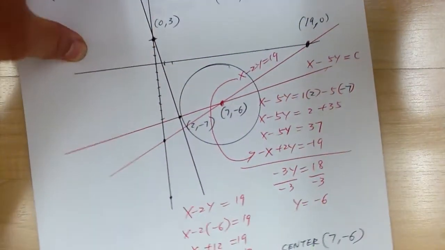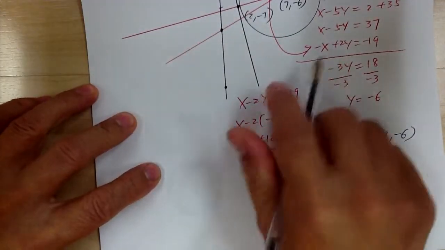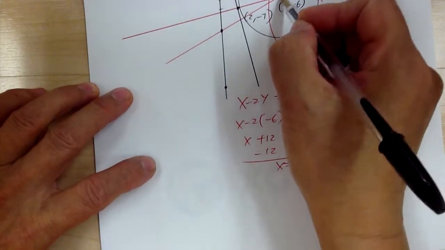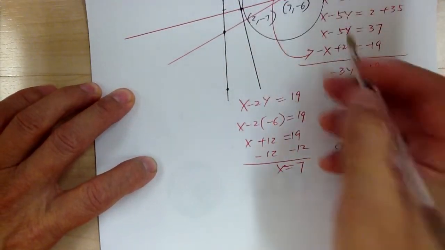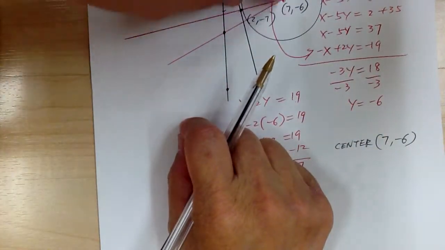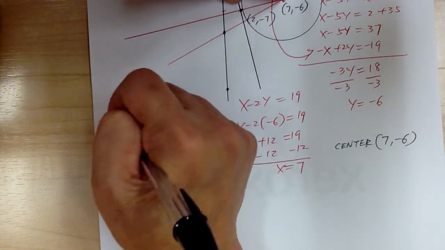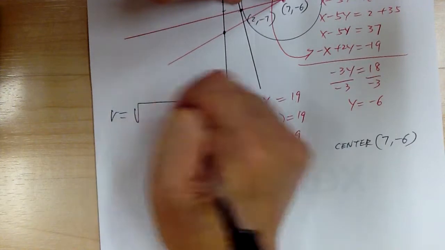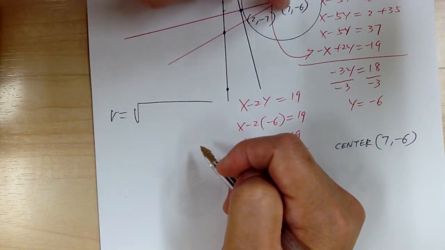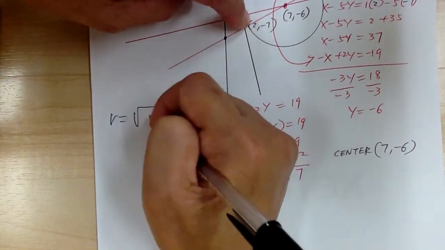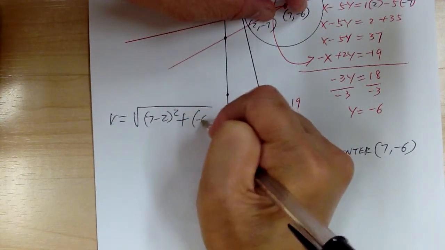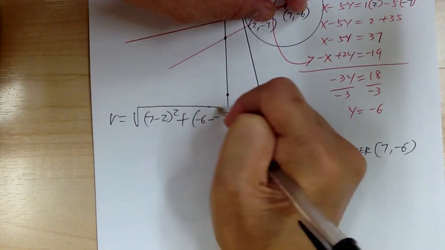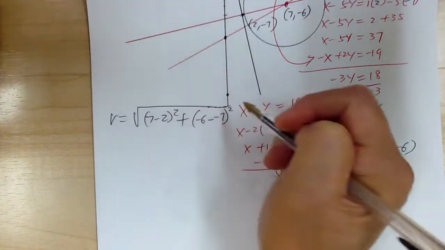Okay. So to find the radius, again, you can use the point and this line, or you can use the point and this point. So I'm going to use this point. So the radius in this case is going to be equal to the square root of x2 minus x1, 7 minus 2 squared plus negative 6 minus negative 7 squared.